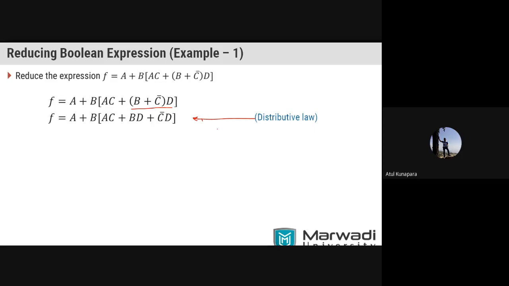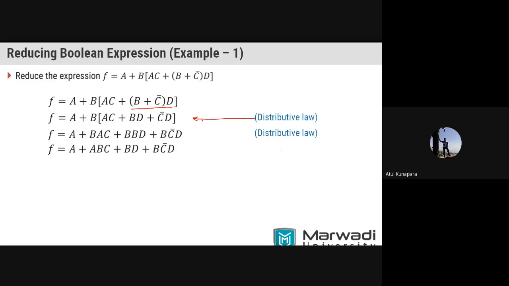Then again we have applied the distributive rule: the B outside this square bracket we have taken inside, that means B got multiplied with all the terms like this.